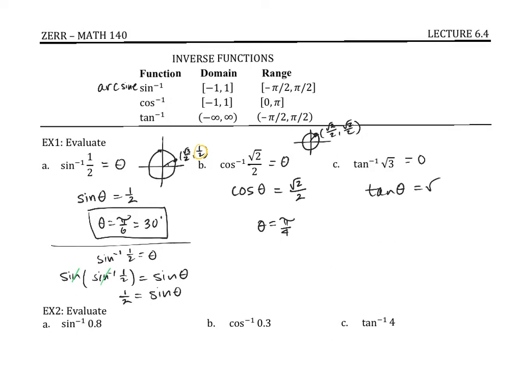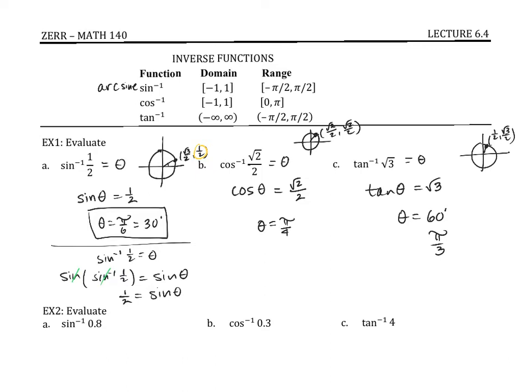And on this one, we would have the tangent of some angle theta is equal to square root of 3, and that corresponds to 60 degrees, or pi over 3. That is our 60-degree angle, where we have, let's see, the x is 1/2, the y is √3 over 2.